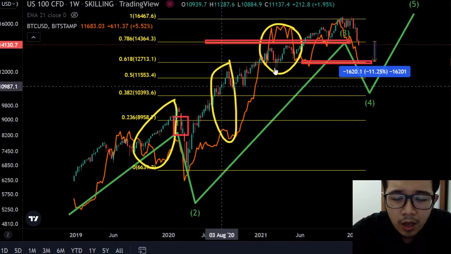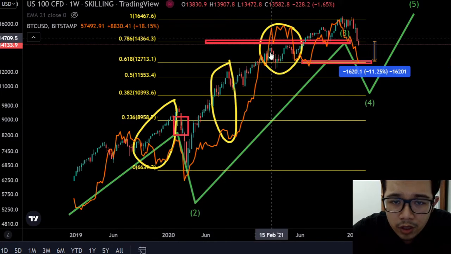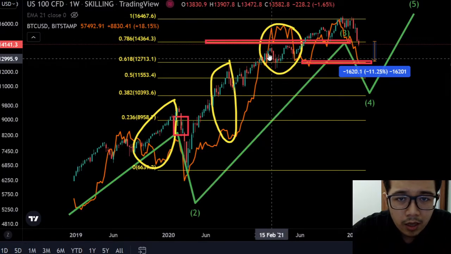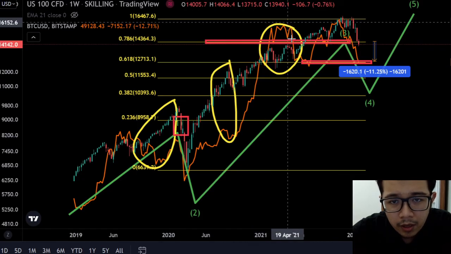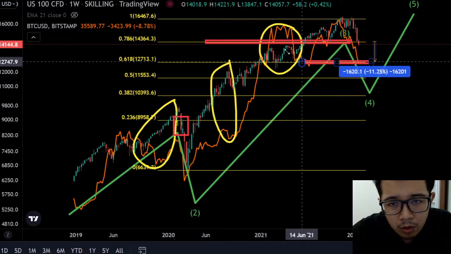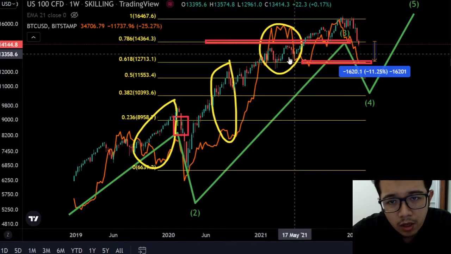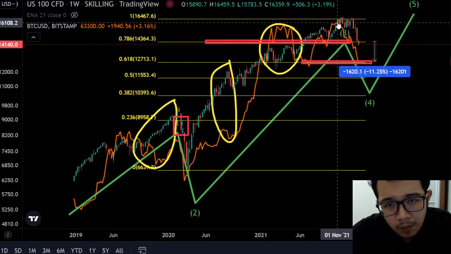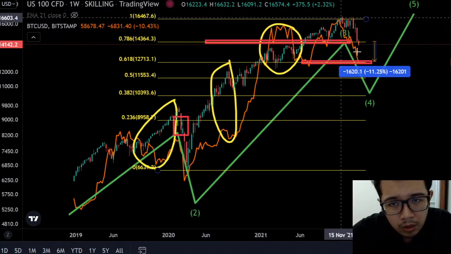And then you can see what happened in February 2021. Nasdaq is going down and Bitcoin going up. And then after that the crash happens, and while Bitcoin is going down Nasdaq is going up. But now you can see starting in September, Nasdaq is going down and so is Bitcoin.